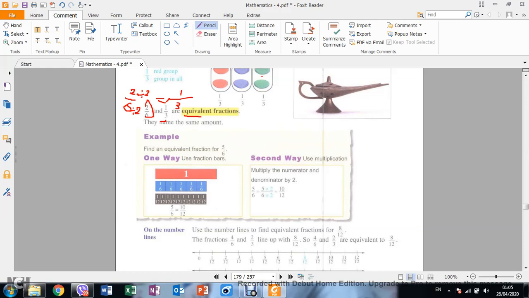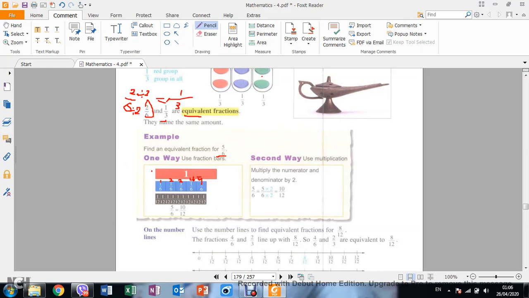The first way is to use fraction models. 5/6 means I have 1 whole divided into 6 parts, with 5 shaded. The denominator is 6 and the numerator is 5, only 5 parts are shaded.